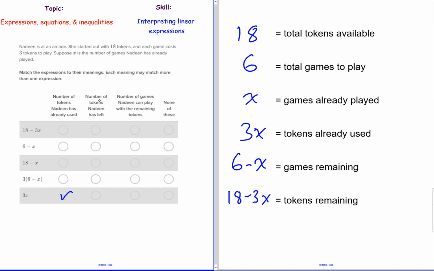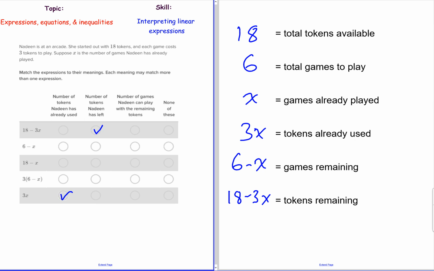The number of tokens Nadine has left. Well, that's this bottom one, 18 minus 3X. 18 tokens she started out with, minus 3 times 3 tokens for every game. So 18 minus 3X is the number of tokens she has left. The number of games Nadine can play with the remaining tokens.